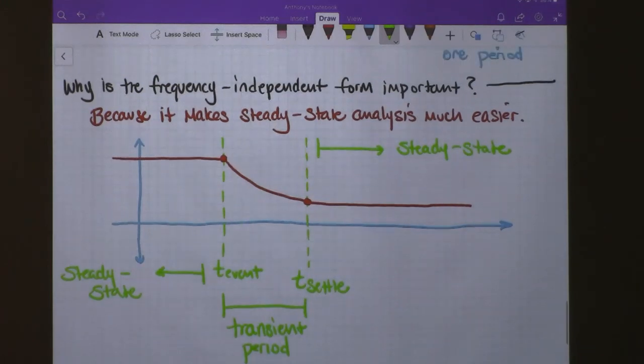I could draw a similar example with an AC wave. So steady state for AC waves doesn't mean that the voltage isn't changing, because the voltage will still be oscillating, right? It'll look like this.